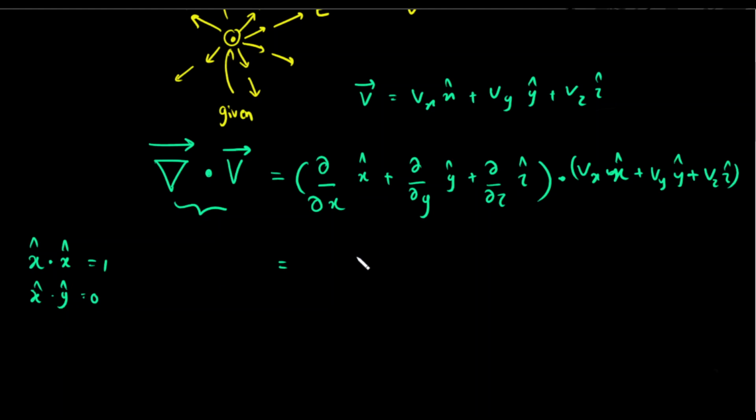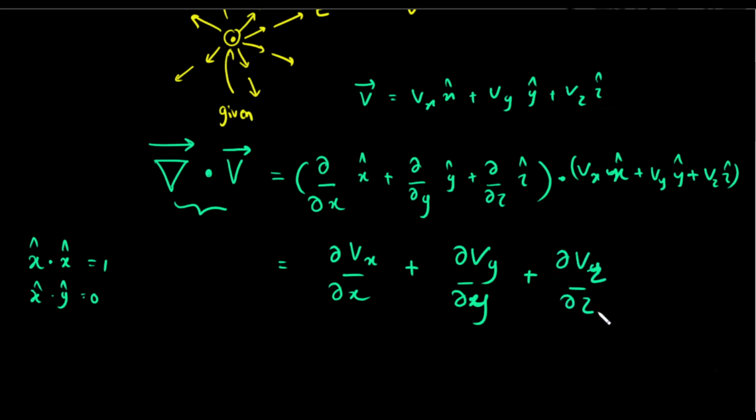So you will have ∂Vx/∂x, because x-hat dot x-hat equals 1. Then you will have ∂Vy/∂y, that is the partial differentiation of the y vector component with respect to y. And now we have ∂Vz/∂z.